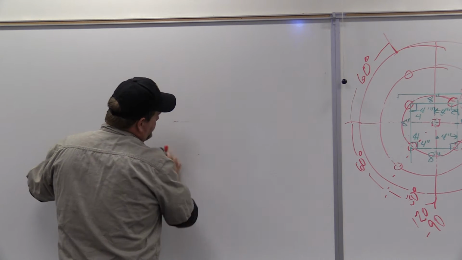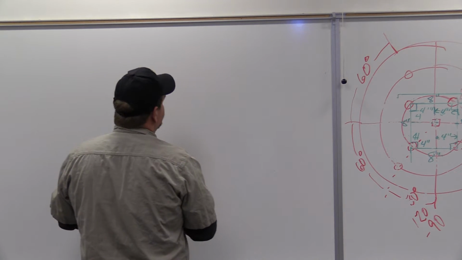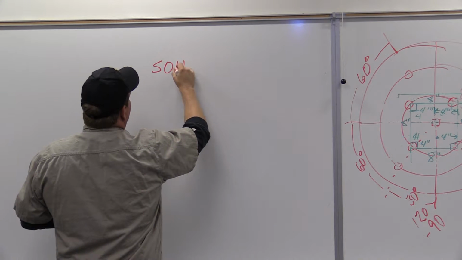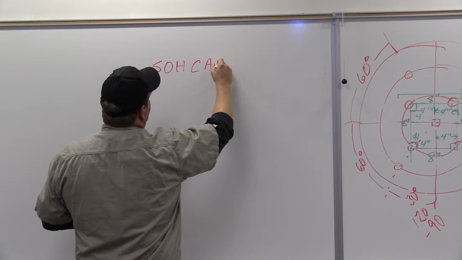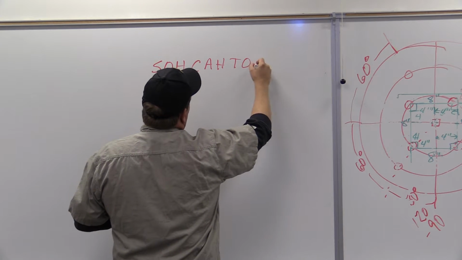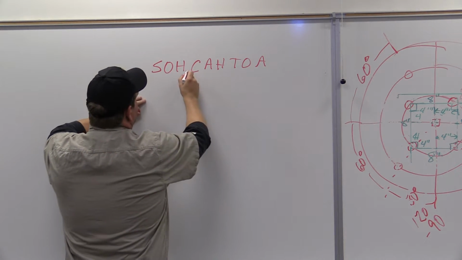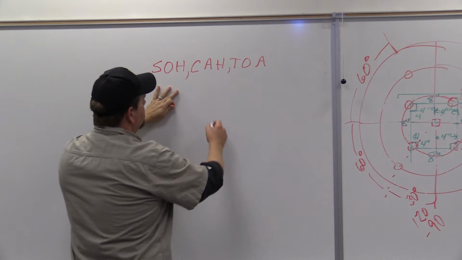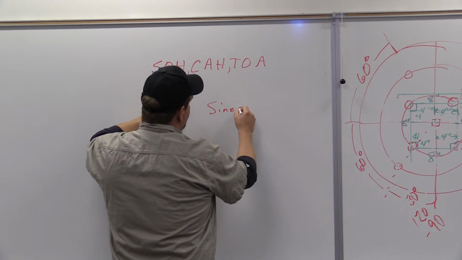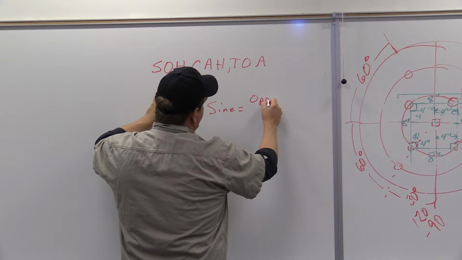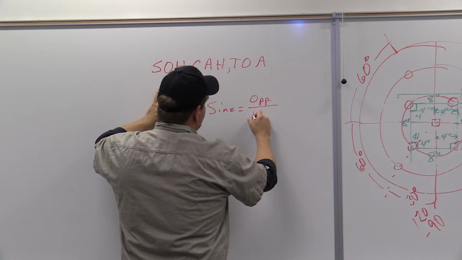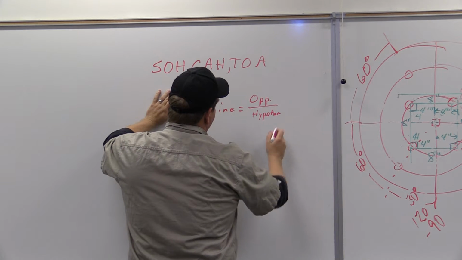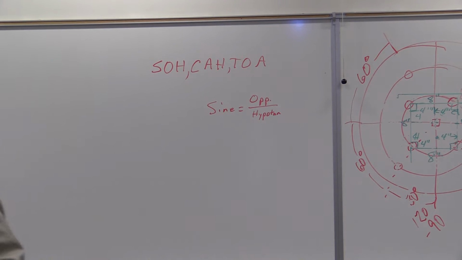So, first thing, SOHCAHTOA. Three at a time. Sine is equal to opposite over hypotenuse. Okay.